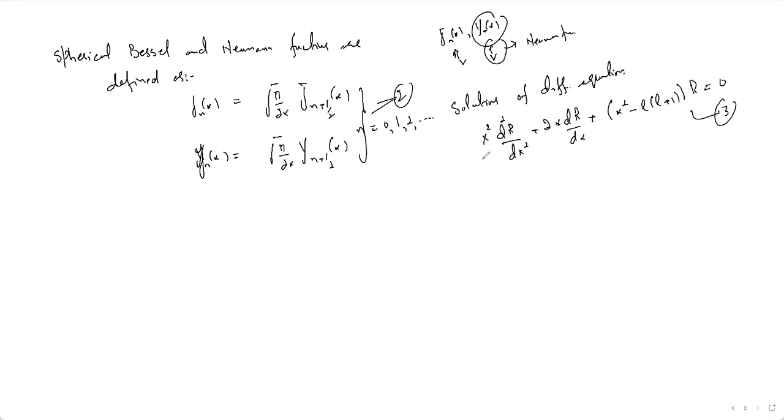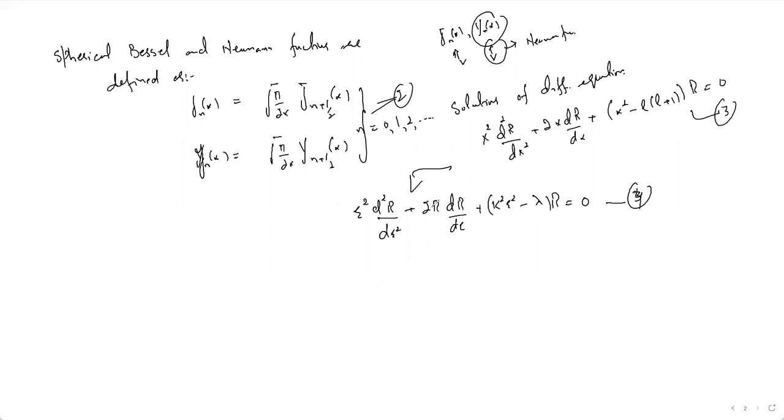When we separate the Helmholtz equation into spherical polar coordinates, we get an equation like r square d2R by dr2 plus 2r dR by dr plus k square r square minus lambda into R is equal to 0. And this is equation 4.